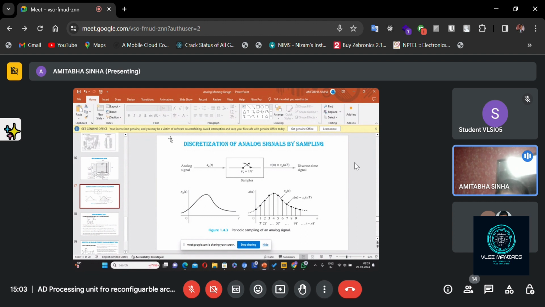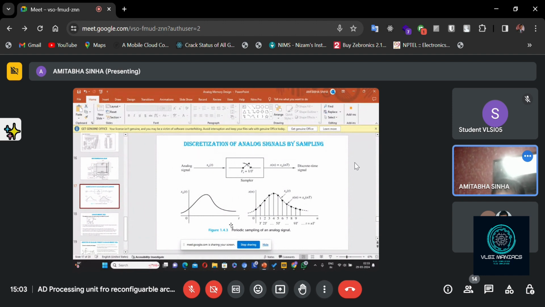Here one concept is like this. Any analog signal, which is a continuous time signal, can be sampled into a finite number of pieces of information. And how will it be sampled? That is governed by the Nyquist sampling rate. That means if the bandwidth of the signal is f, then the sampling frequency will be greater than or equal to 2f.